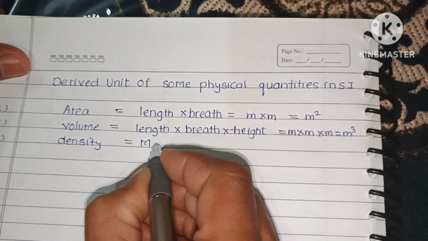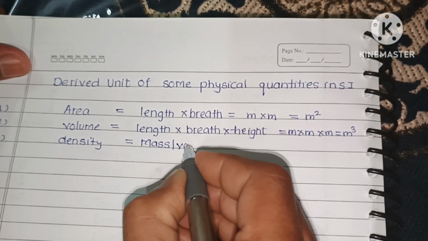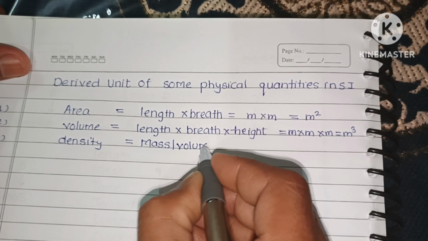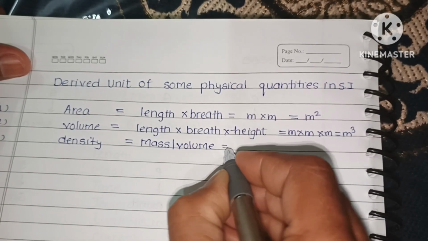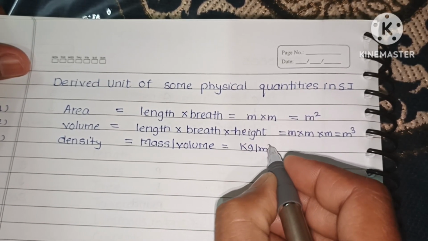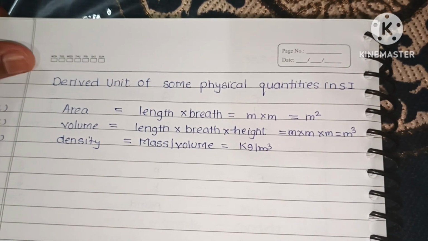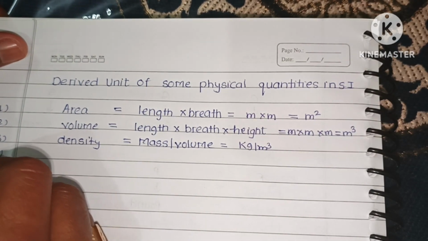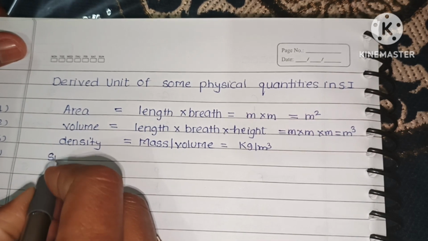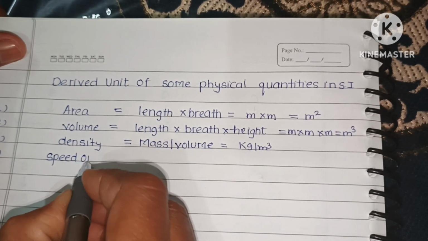Mass upon volume, that is kg per meter cube. Okay, next one is speed or velocity.